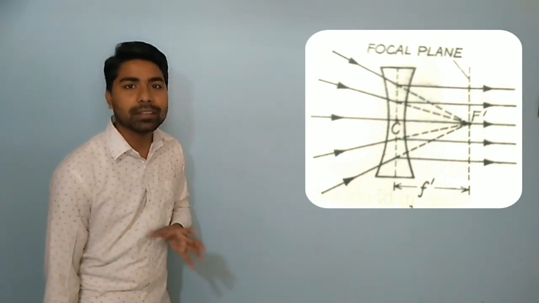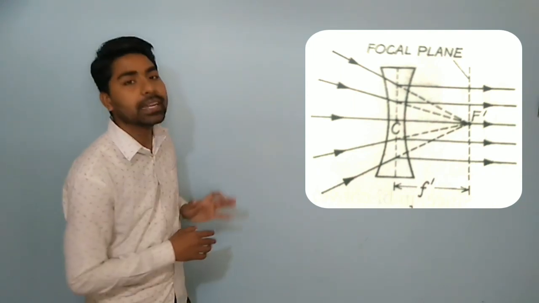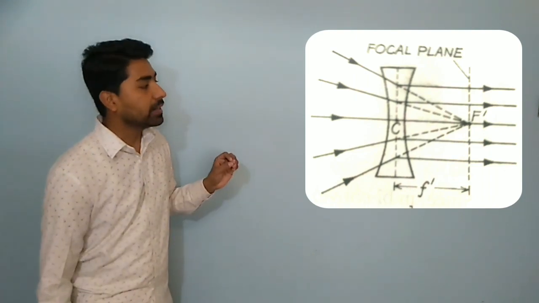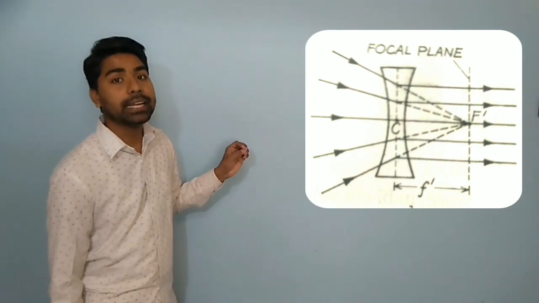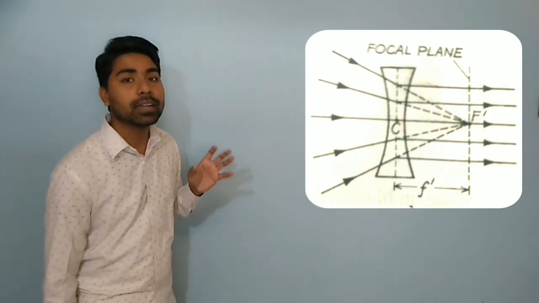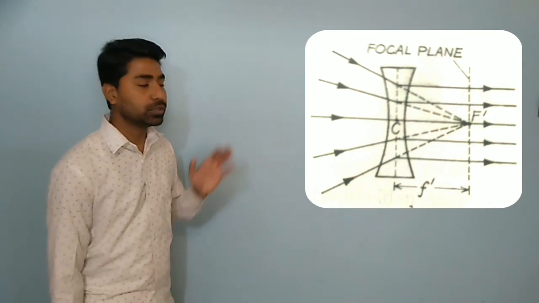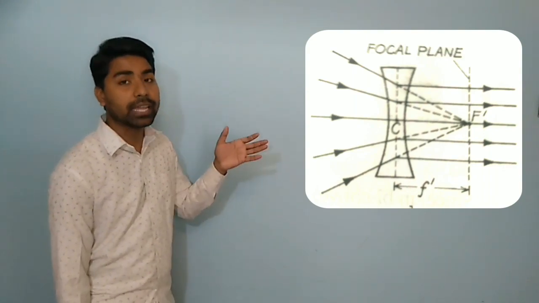But they are not starting from a single point; it appears that all the rays are meeting at a point. It is a point toward which all the rays appear to be coming, but after refraction they become parallel. So that point will be the first focus in the concave lens.